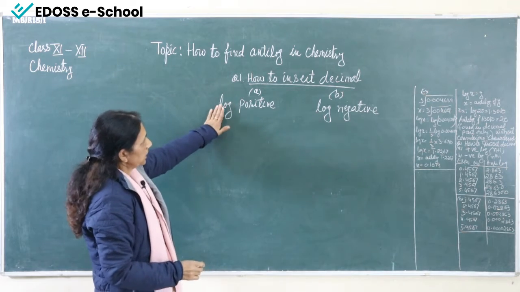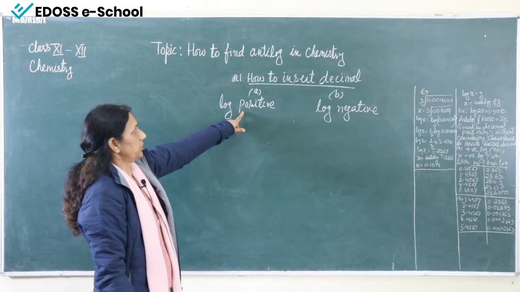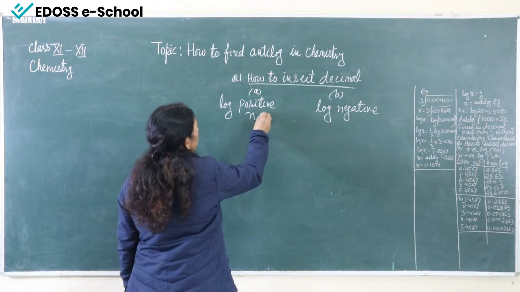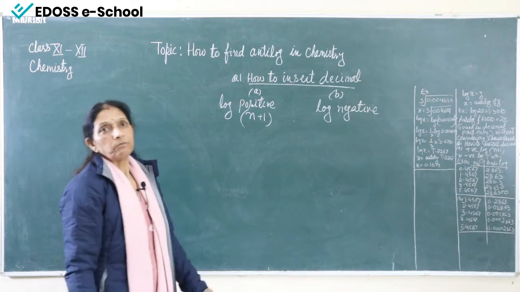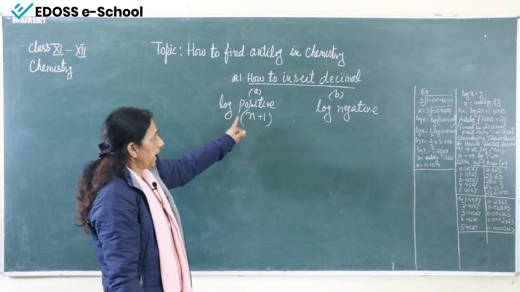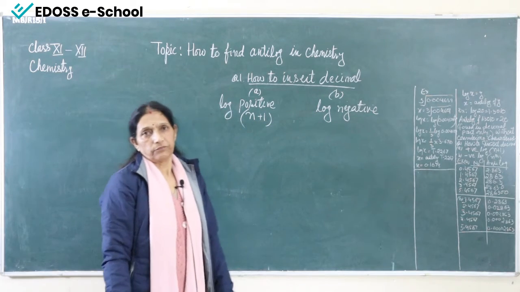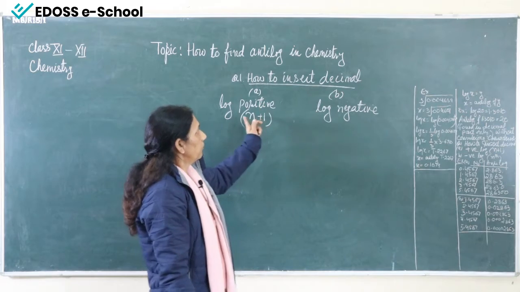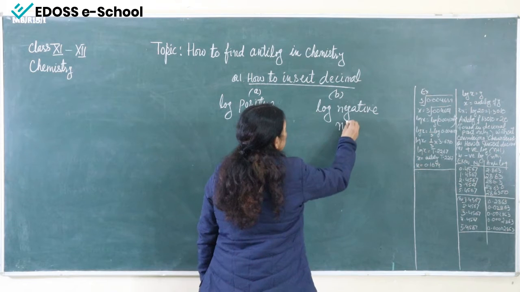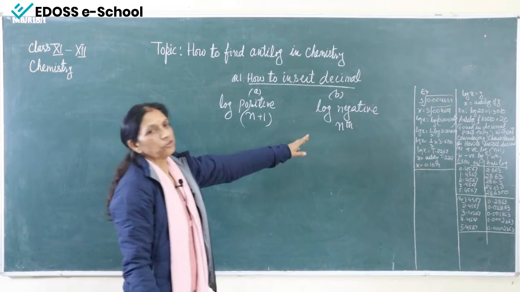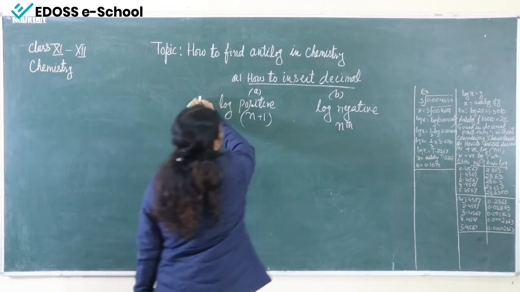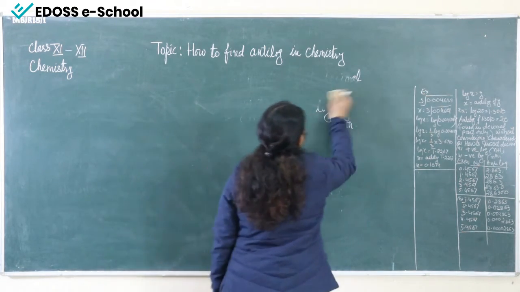If the value of log is positive, then we apply the rule n plus 1 for inserting the decimal. And if the log is negative, then we insert the decimal at the nth place. Now we will take a few examples.